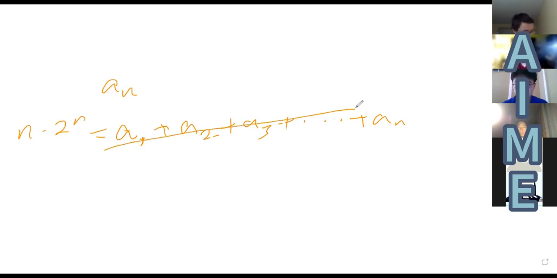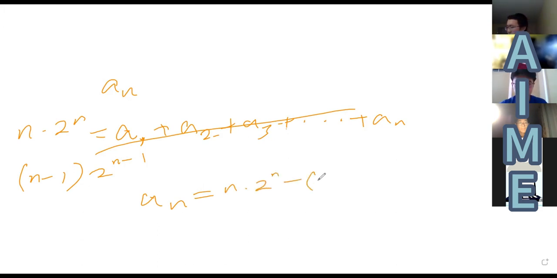If we subtract all the terms besides the nth term, then we have (n minus 1) times 2^(n minus 1). So that means the nth term is n times 2^n minus (n minus 1) times 2^(n minus 1).